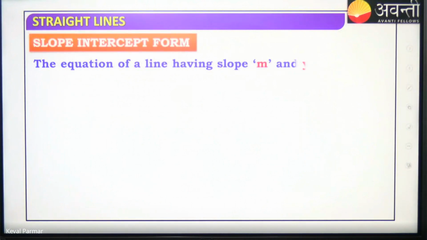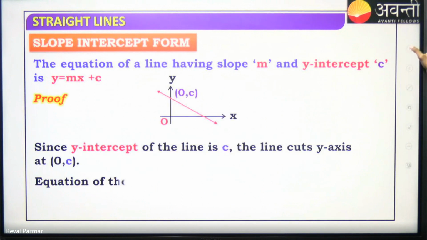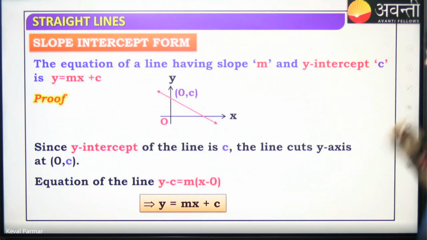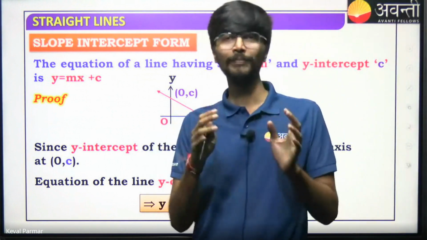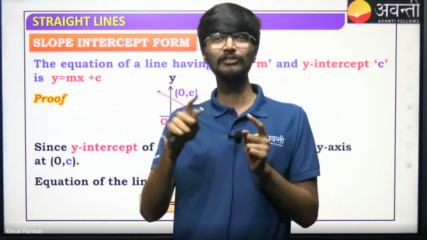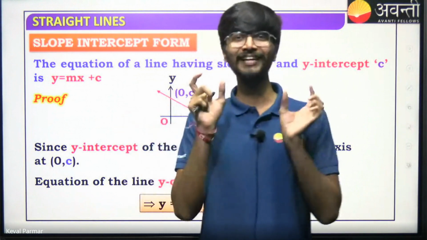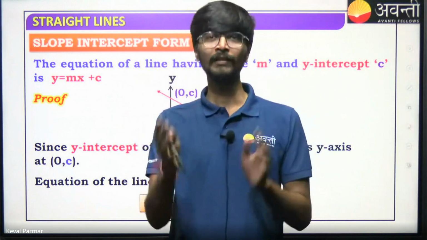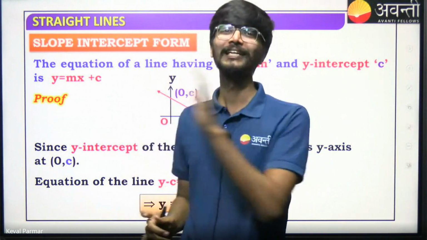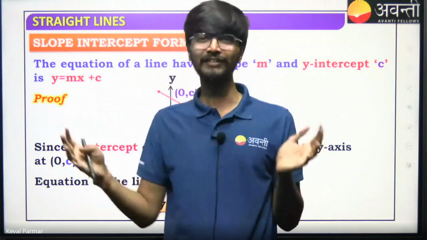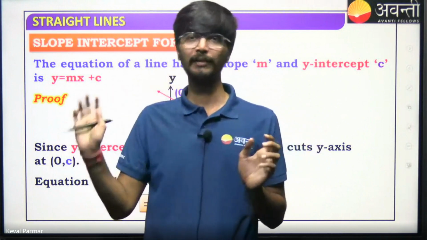The slope intercept form. Here, in slope intercept form, we are talking about the y-intercept. As we all know, the slope intercept form is basically y equals mx plus c. This is a very famous form that you will be using mainly in physics, where everything is related to the slope intercept form.